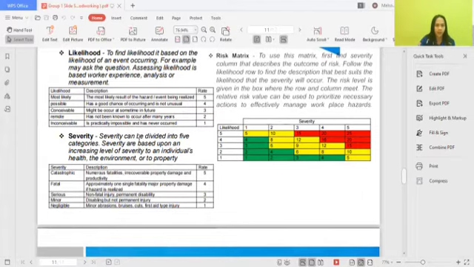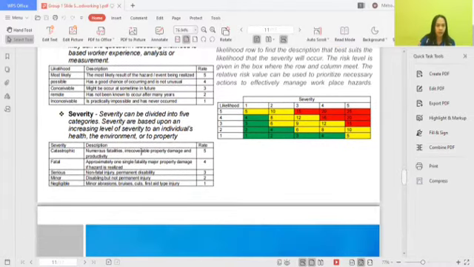And the second is severity. Severity can be divided into five categories. Severity is based upon an increasing level of severity to an individual's health, the environment, or property. We have five levels of severity, and level one is negligible: minor abrasion, bruise, cuts, first-aid level injury.